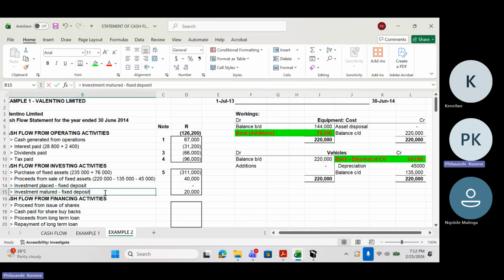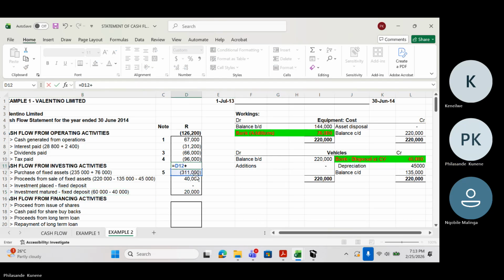You can see like this business, they cannot manage cash, if we're being honest. Here we have 60,000 minus 40,000 rands. They cannot manage cash, guys, because you know why I'm saying this. It's because here they also have, you can see, 251,000 cash outflow from investing activities.